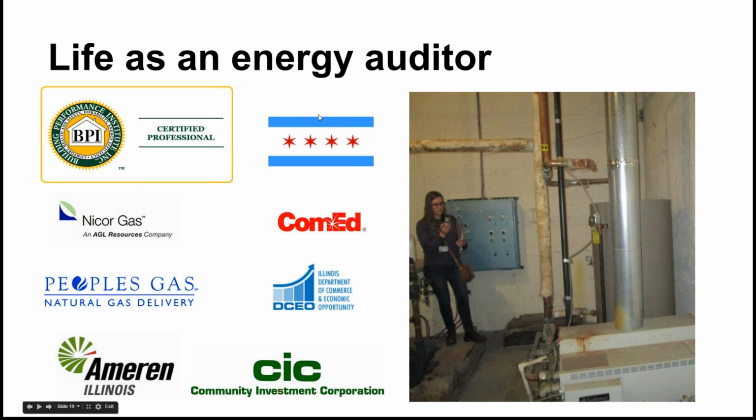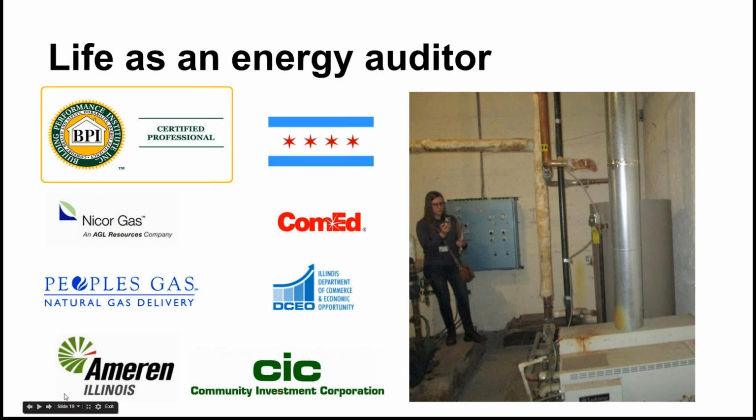We're working with them now on helping save energy in electrically heated buildings. ComEd, which is our electric utility, Nicor Gas, Peoples Gas, Ameren Illinois Gas and Electricity. These are all utilities that offer their own rebate programs for measures like pipe insulation, for lighting, for all sorts of things. So we help building owners apply for these rebates.